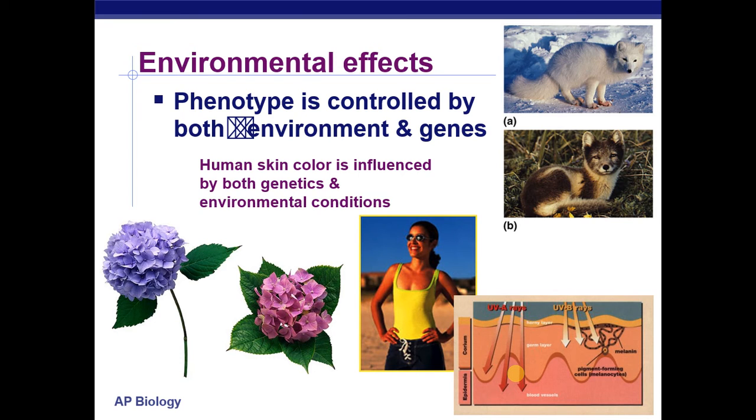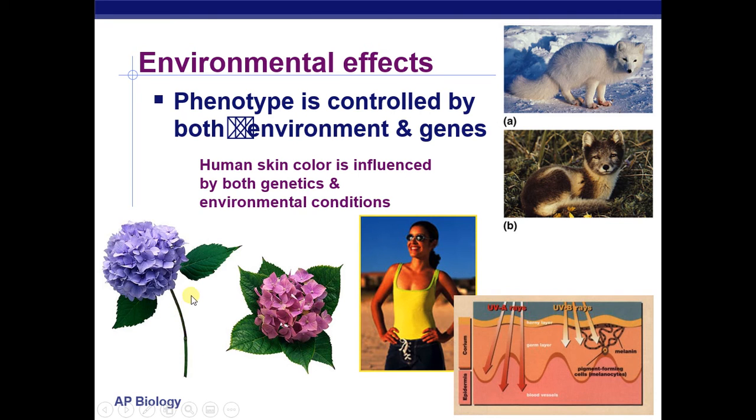Another example is in some flowers. So these flowers specifically, this difference in coloration is affected by the environment. The color shift in these flower petals is a result of the exposure of the flower to different pHs in the soil.